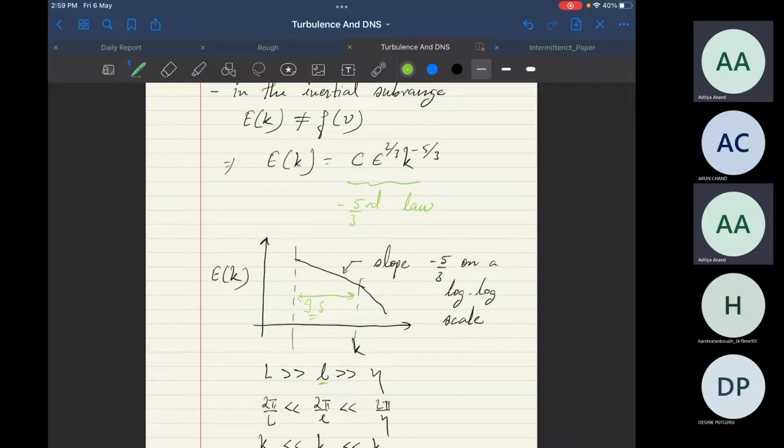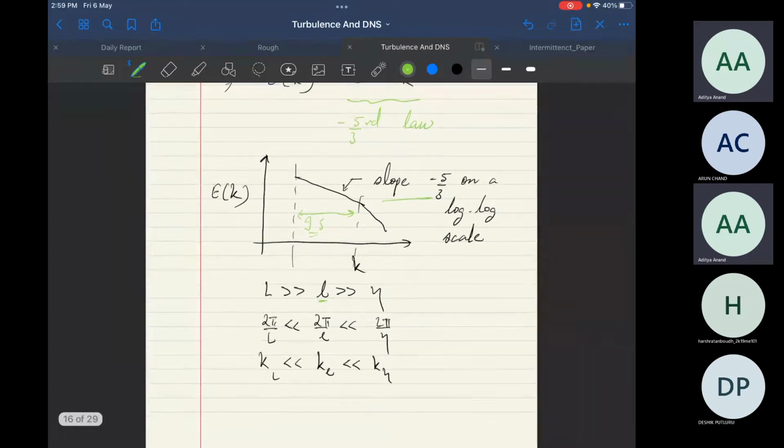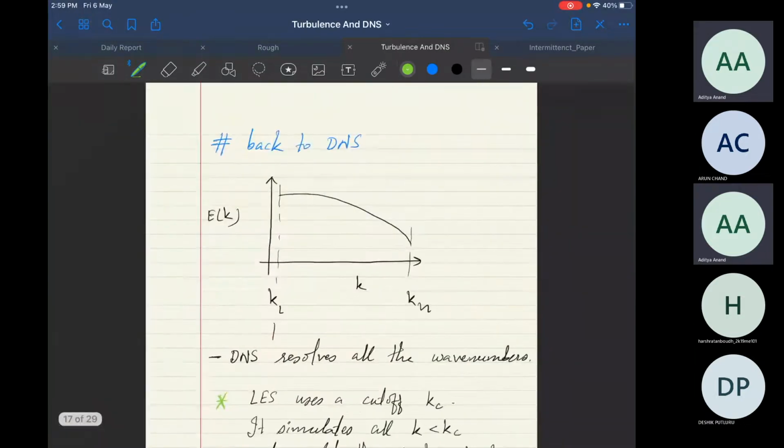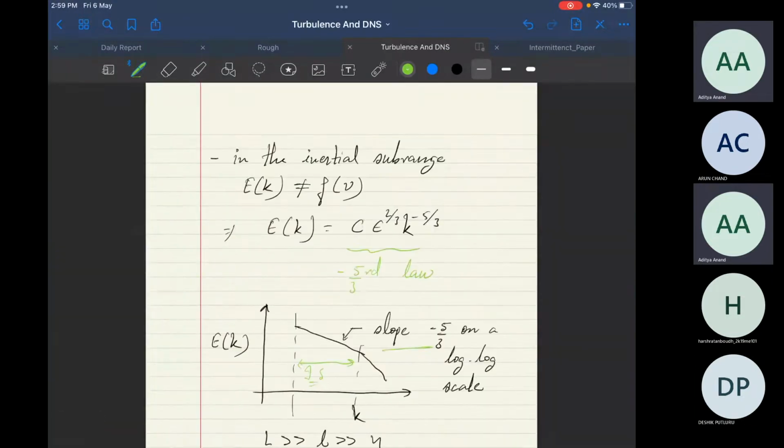Epsilon has already been established, so this one won't change, and your spectra will have a wave number dependence like this. Now, if you plot E and k on a log scale, it will have a slope of -5/3. This is called the -5/3 law, and it is well known in turbulence literature. Okay, so are we clear till now? I'll wait for your questions if you have any.